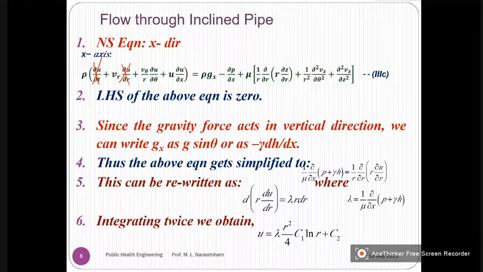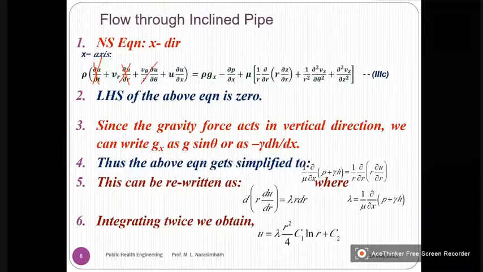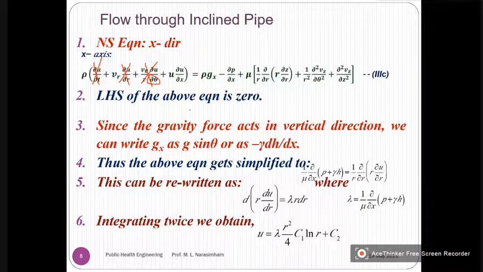Because the flow is only in the x direction. So Vr is 0. Similarly, it is axisymmetric flow. So dou by dou theta is 0. So this is 0. Then this will also be 0.